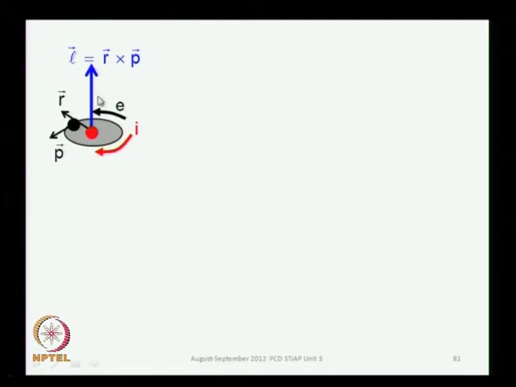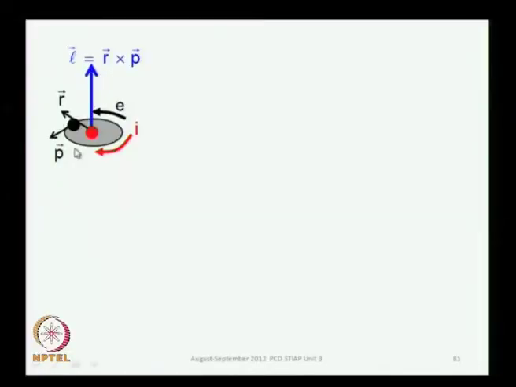So, just remind yourself of this picture, which comes from old quantum theory, which you must take with a pinch of salt, and much more than a pinch of salt, but use it nevertheless. If you have an electron in a Bohr orbit, then it has got an angular momentum r cross p, which is orthogonal to the plane of the orbit. The conventional current is in the opposite direction just because the electron is a negative charge, that is how it was defined historically.